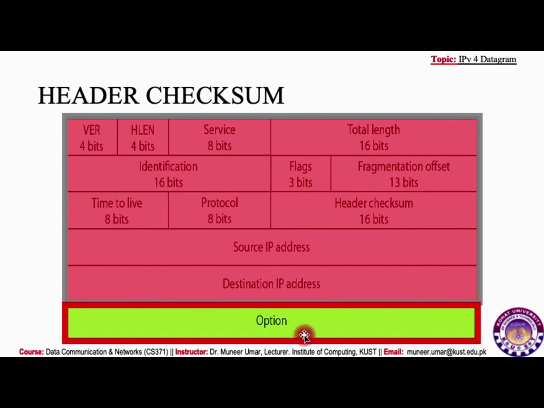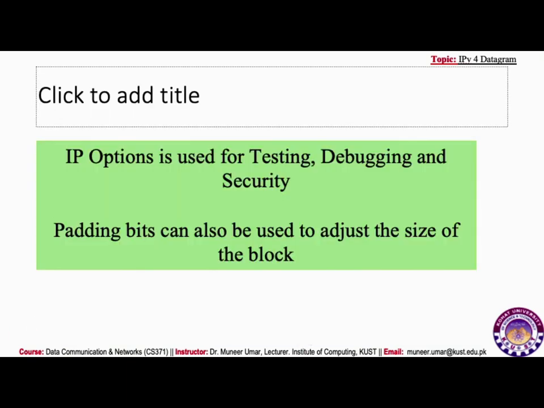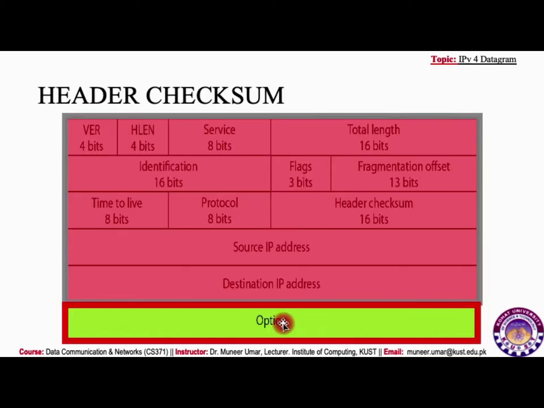The last thing is options. IP options are used for testing, debugging, and security. Padding bits can also be used to adjust the size of the blocks. So here the size of a block is 32 bits.